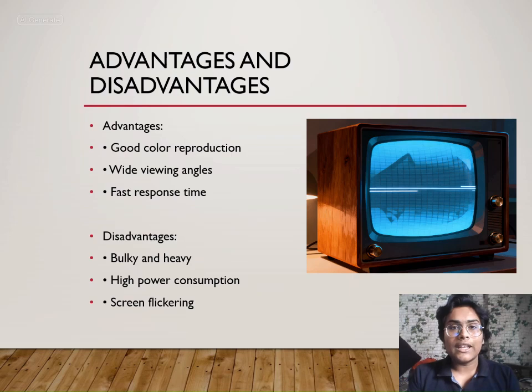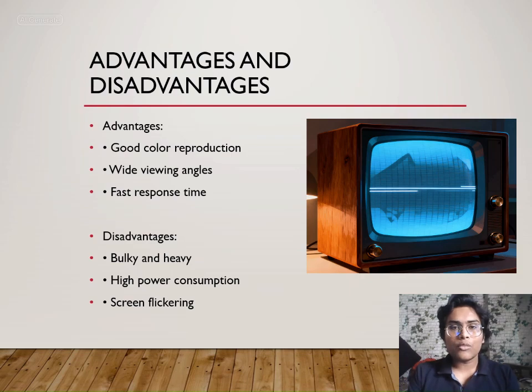First is bulky and heavy. As we can see, CRT displays are very bulky and heavy because they have an electron beam, a fluorescent screen and a vacuum tube. So they used to be very heavy and bulky. Next is high power consumption.